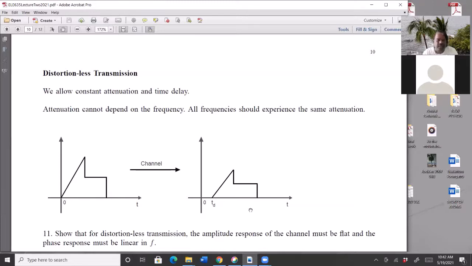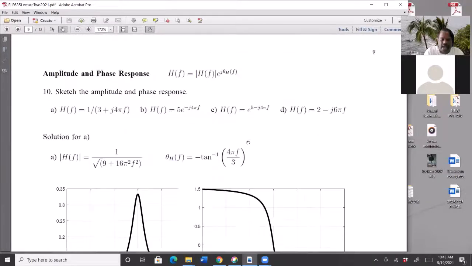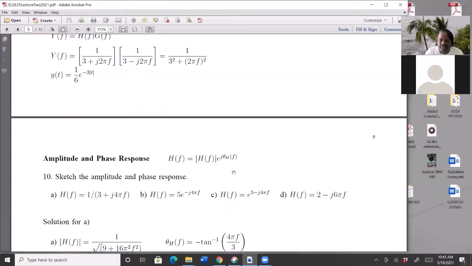Okay, so now there is another way of phrasing this. What I explained is the common sense explanation, but we have to get more mathematical. We are now going to prove that what I described translates into a mathematical condition on the amplitude response and the phase response.